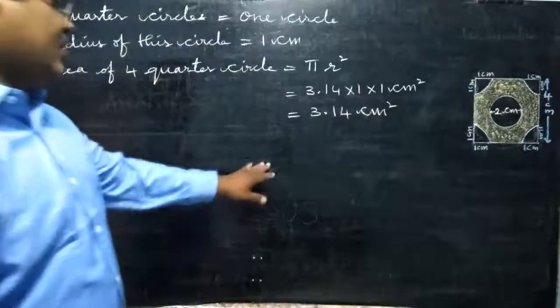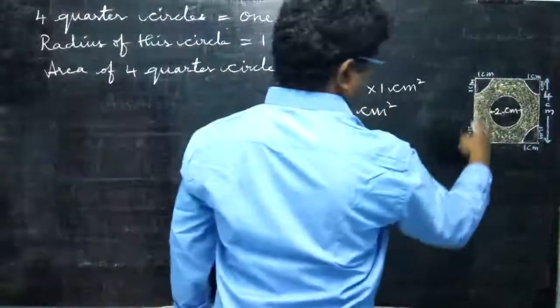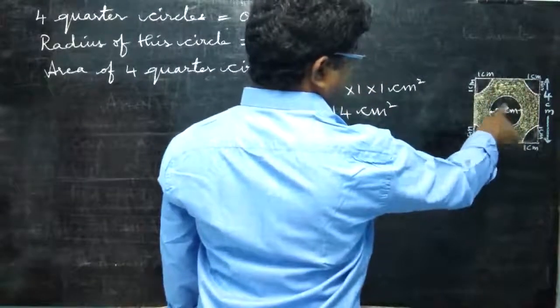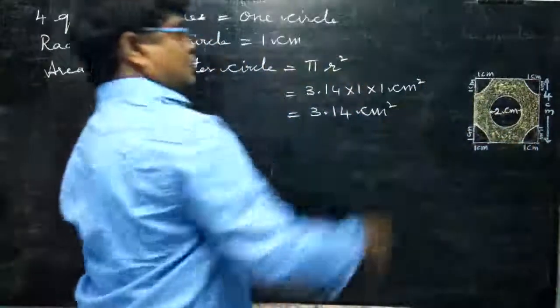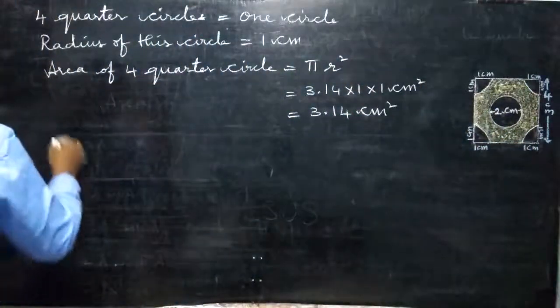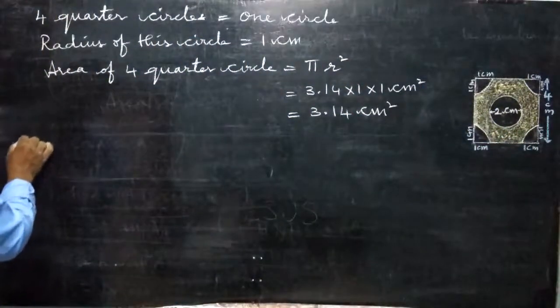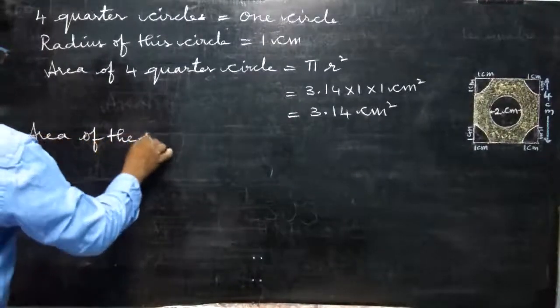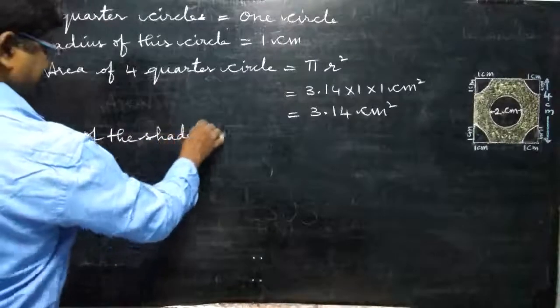Now we are going to find the area of the shaded part: area of the square minus area of the inside circle plus area of the four quarter circles.